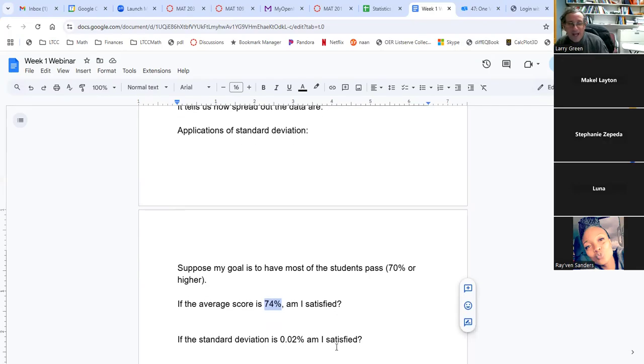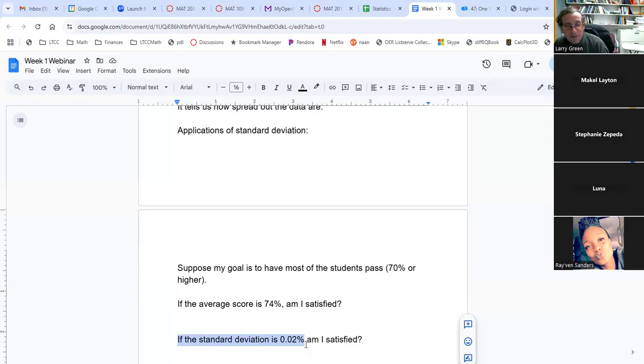So now let's suppose the average score was 74%, and let's suppose I also knew the standard deviation was 0.02%. Am I satisfied? What's your thought? Put in the chat box, yes or no. Have I met my goal?